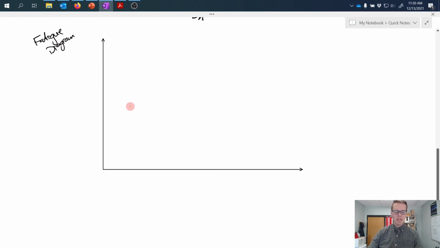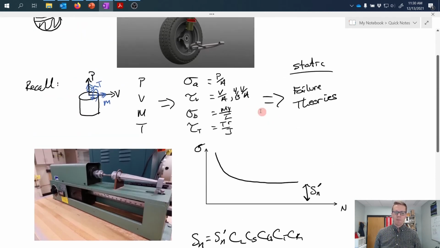Now, on a fatigue diagram, we take some of these various parameters that we've calculated and we apply them to axes representing the mean and the alternating stress, where we recognize that some of these stresses that we've calculated up here will be constant, meaning that they're not changing with time, and therefore they factor into our mean stress.